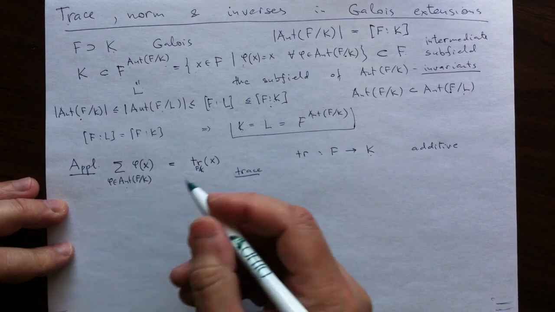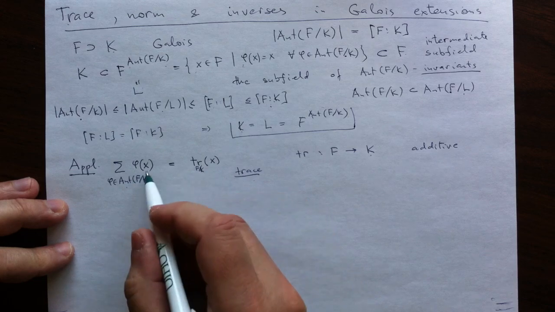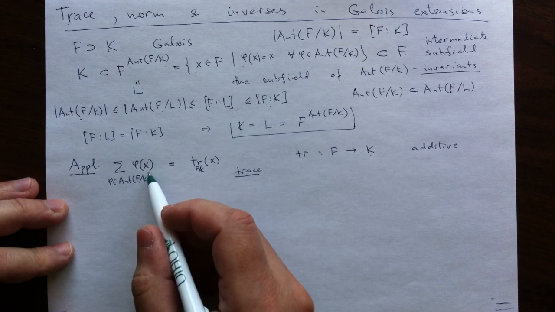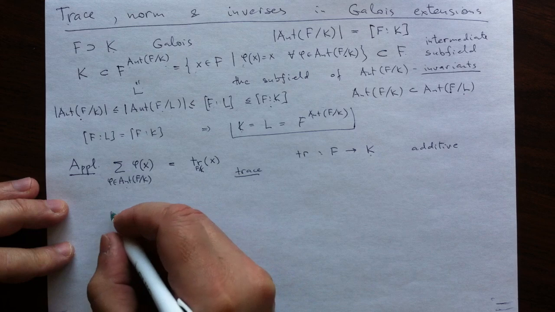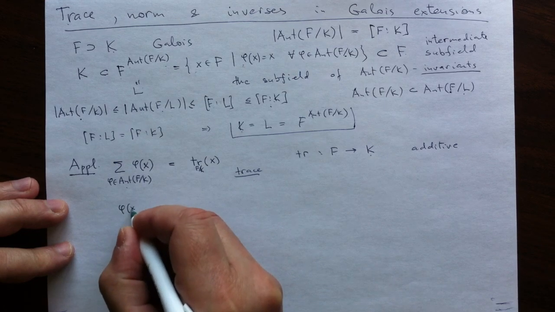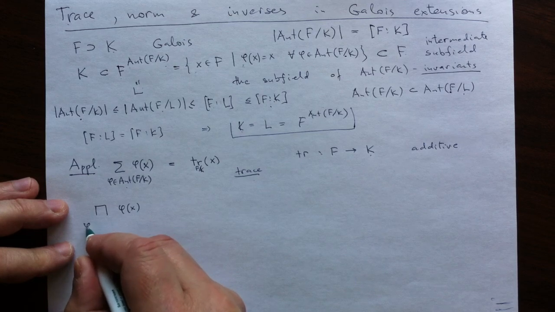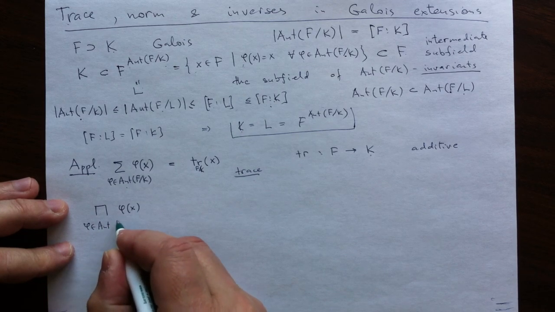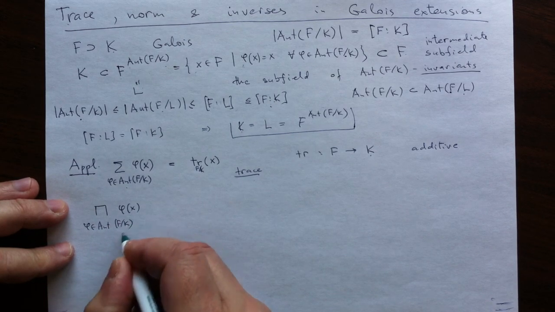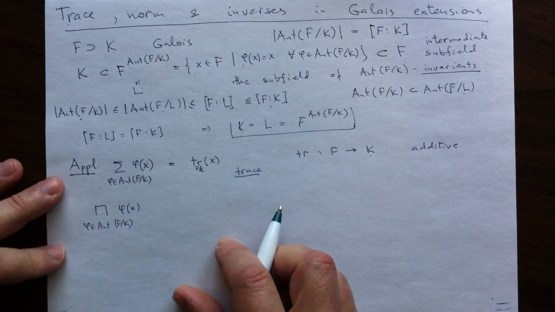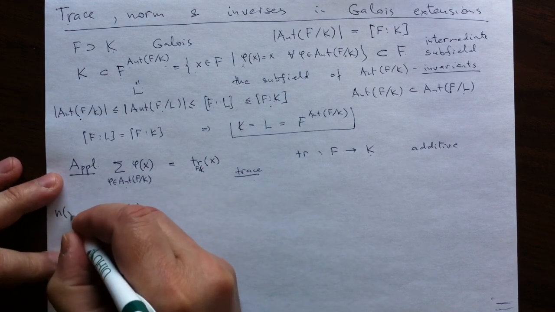Let's look at another arithmetic construction we could do with all the symmetries applied to a fixed element X. Instead of summing them up, we can take the product. So this time the construction is multiplicative. It is called the norm.